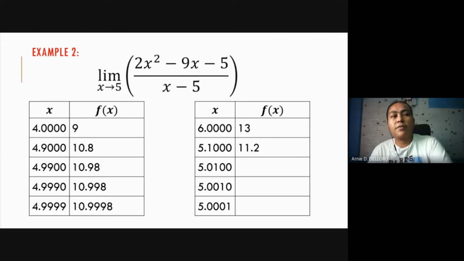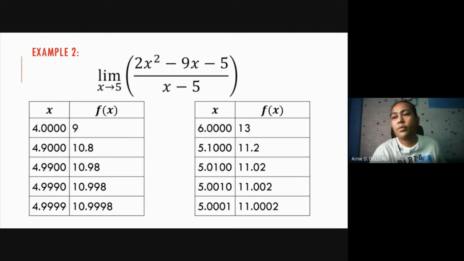If the value of x is 5.01, then the value of the function is 11.02. If the value of x is 5.001, the value of the function is 11.002. And if the value of x is 5.0001, the value of the function is 11.0002.